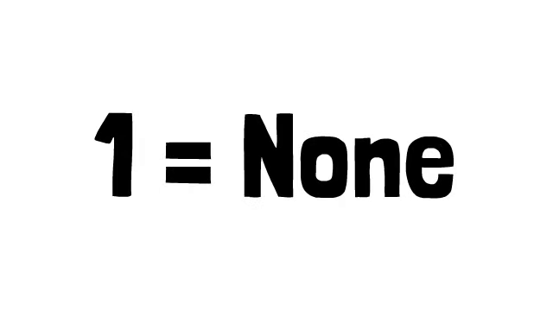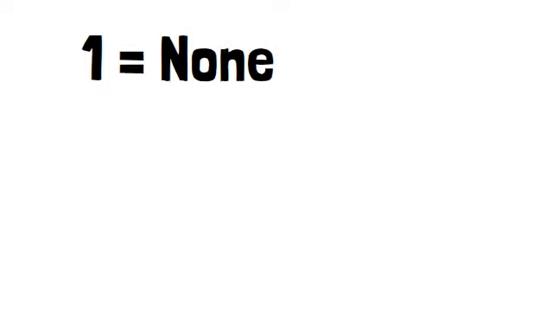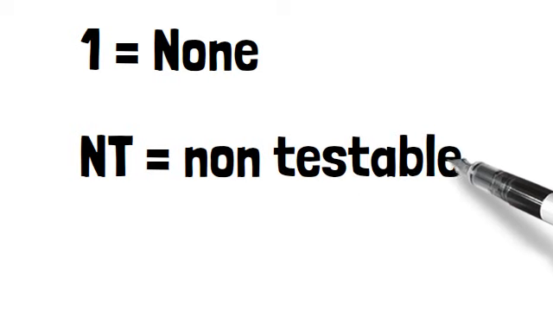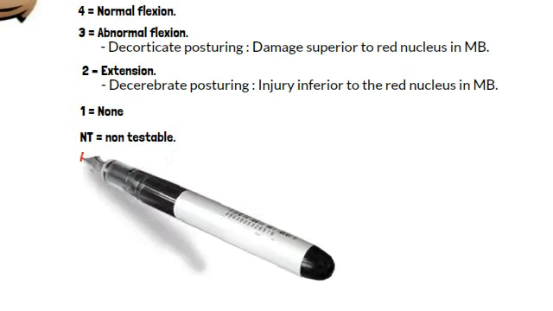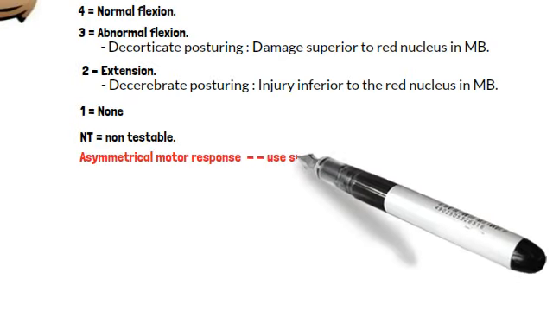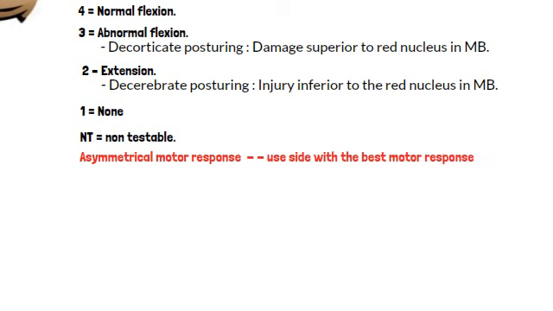If there is no movement, then the patient is given a score of 1 for best motor response. If motor response is not testable, then the suffix "NT" is allocated, for example, in cases such as paralysis. If there are asymmetrical responses between left and right, use the side with the best motor response.